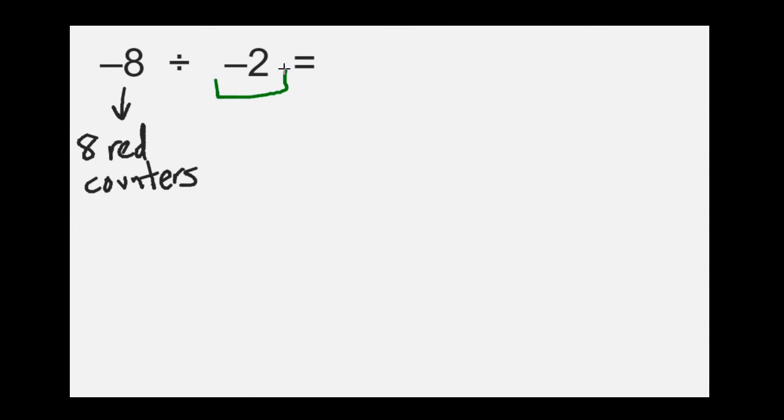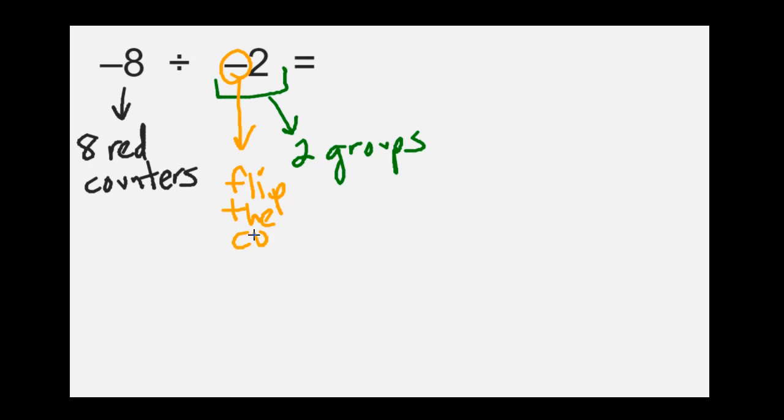So the 2 means we're making 2 groups. And then our negative sign, here the negative, it tells us we are going to flip the counters. So now let's go ahead and start to build out our model here.